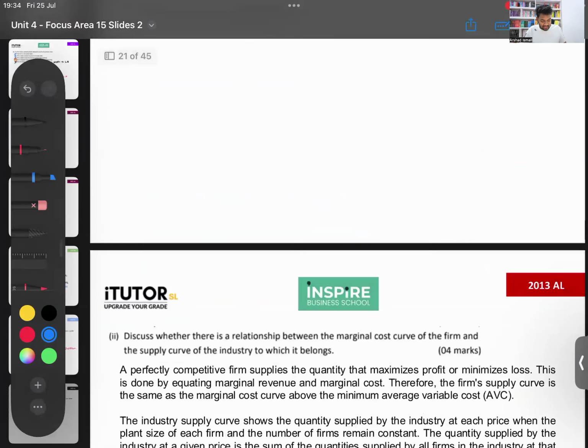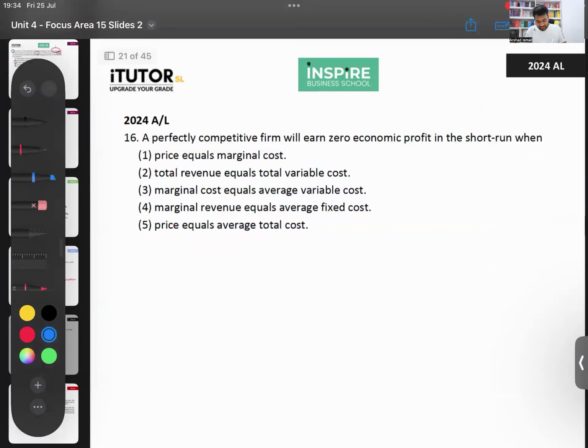Then going to the next one. 2024. That's the last question we have. A perfectly competitive firm will earn 0 economic profit. Now, those questions were tested multiple times before also. When will you earn 0 economic profits? When your total revenue equals total cost.